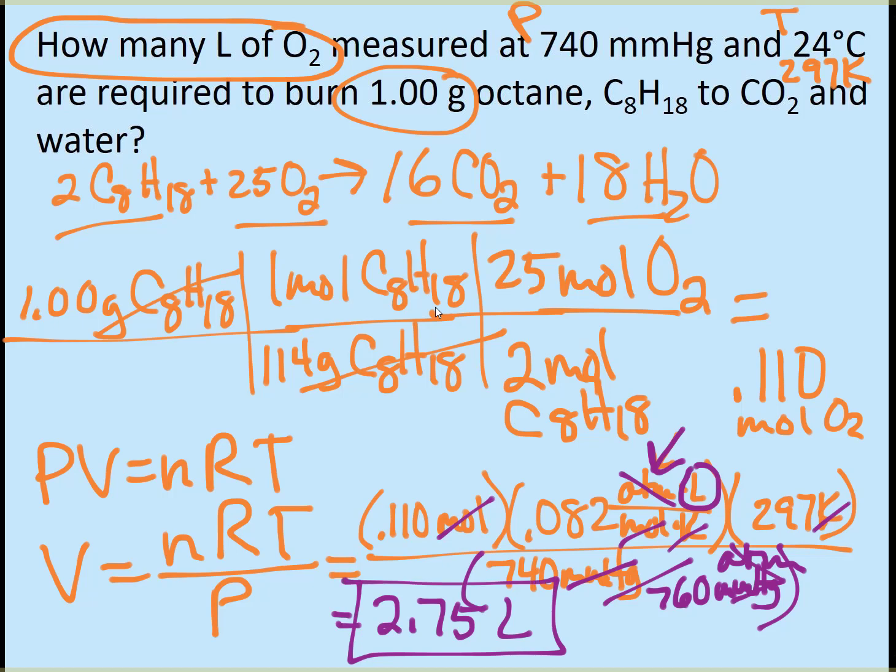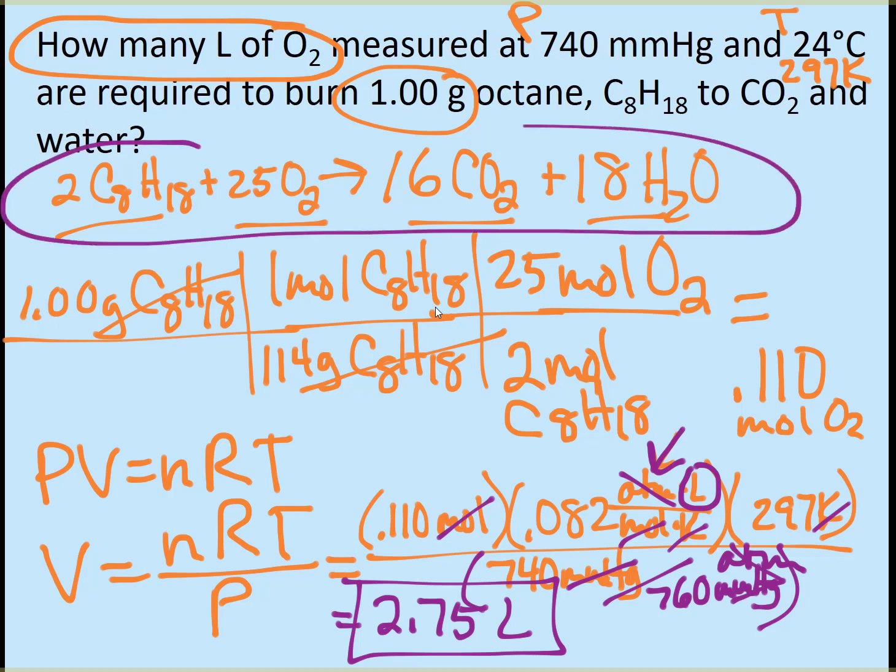So again, using the balanced equation, those molar ratios to go from, in this case, one reactant to another reactant. This is the theoretical value of moles I would use for my 1 gram of octane. And I could figure out what volume it would take up, which is 2.75 liters at this particular temperature.